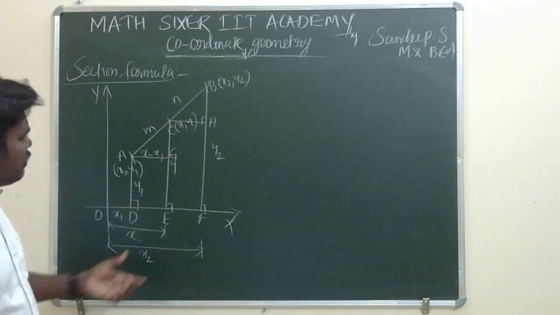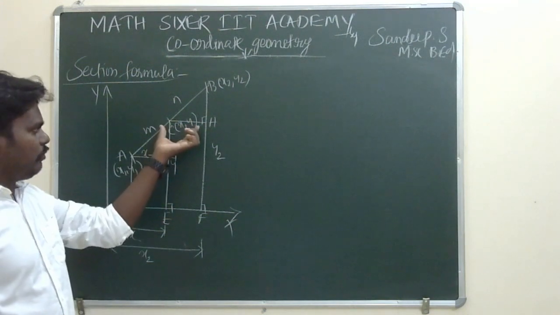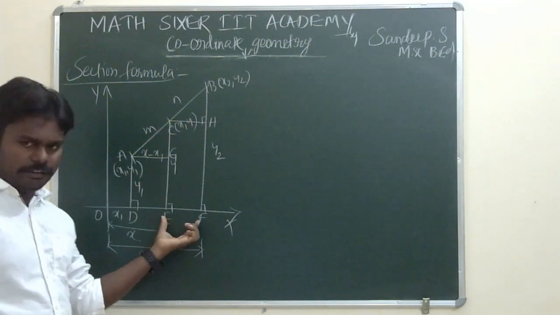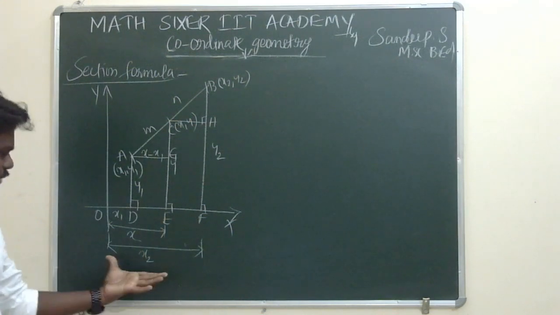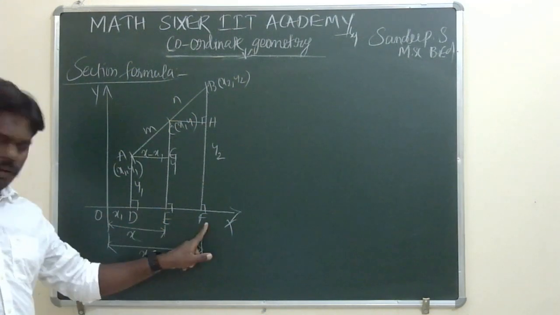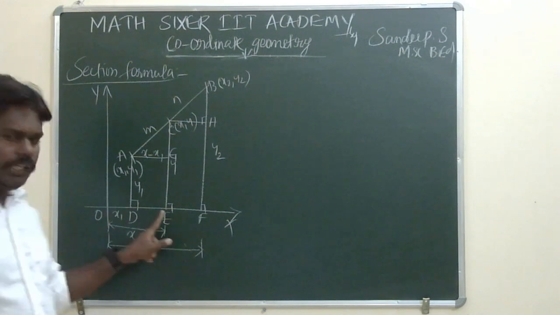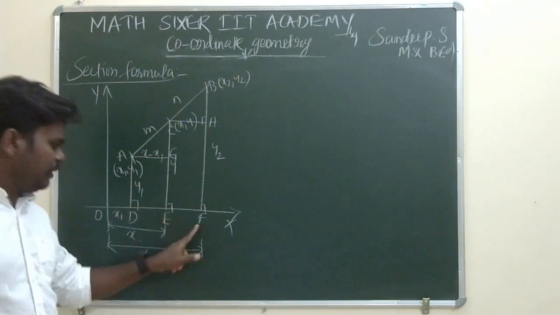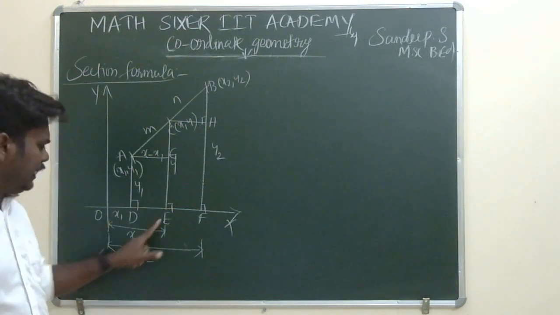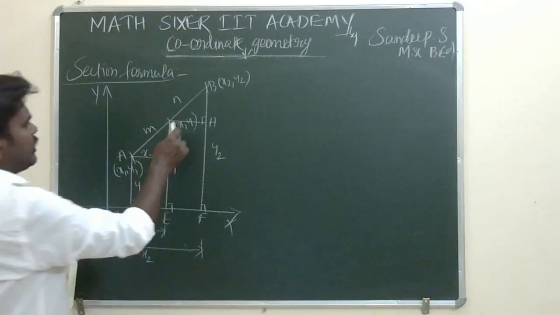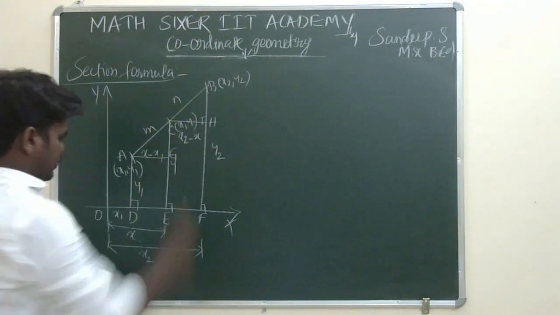And similarly, the CH value is equal to EF. And EF is OF minus OE. So OF is x2 and OE is x, so this is x2 minus x.